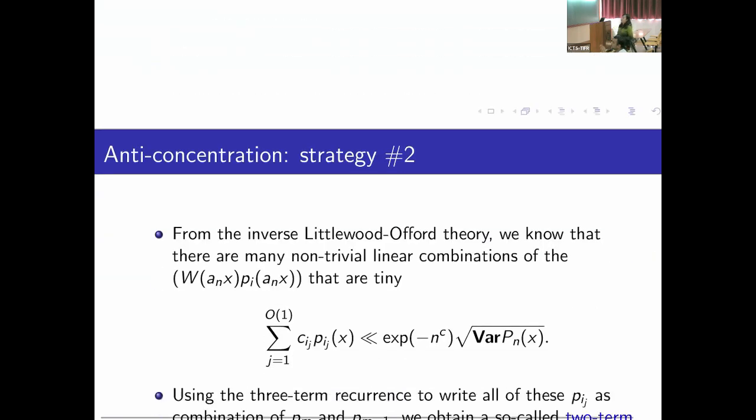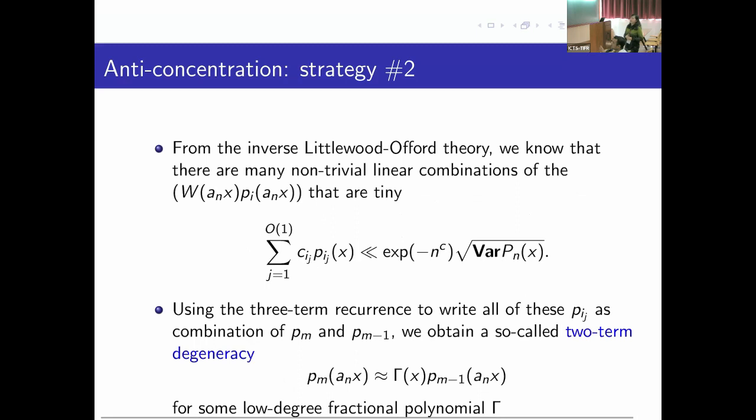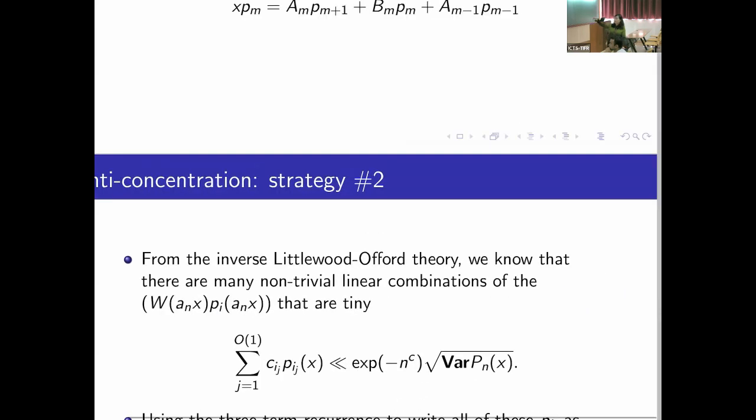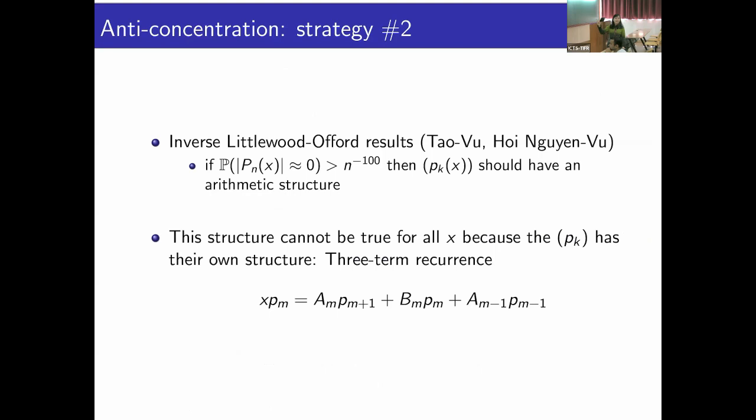Okay, so now let me go into a little bit of detail. From inverse Littlewood-Offord theory, we know that there are some coefficients cij such that when we combine big O(1) terms of cij pij(x), that would be small, meaning it has some arithmetic structure there. Now we have the three-term recurrence, which says that we can write p(n+1) in terms of pn and p(n-1).